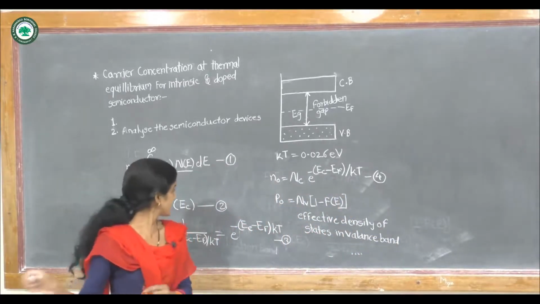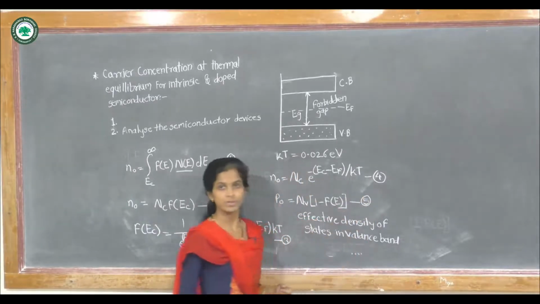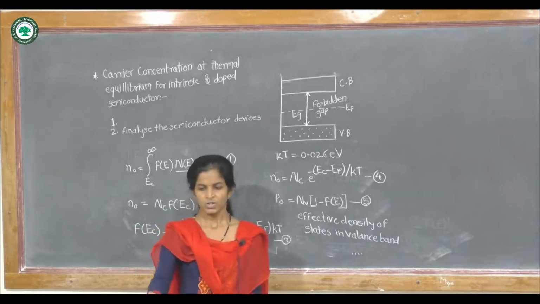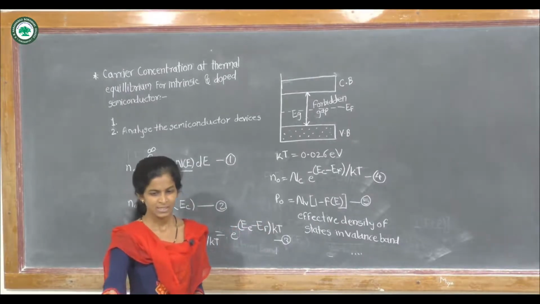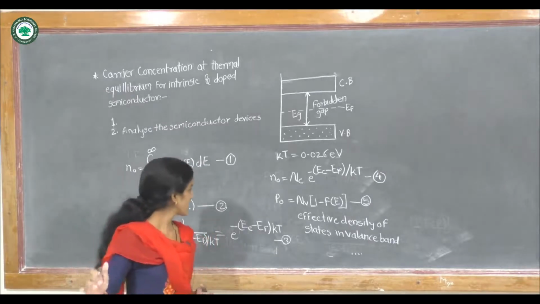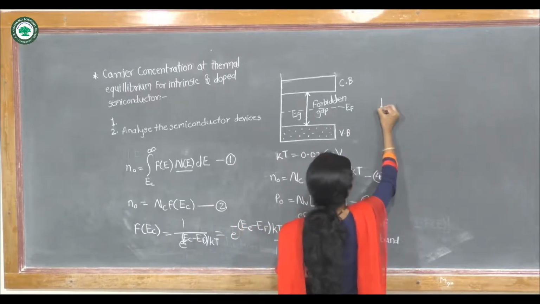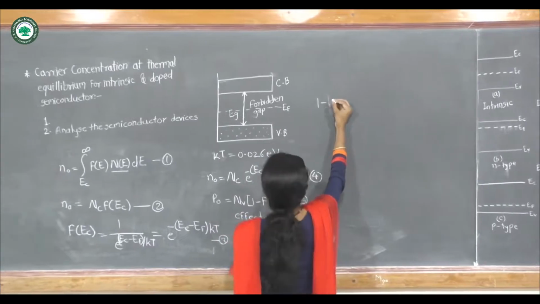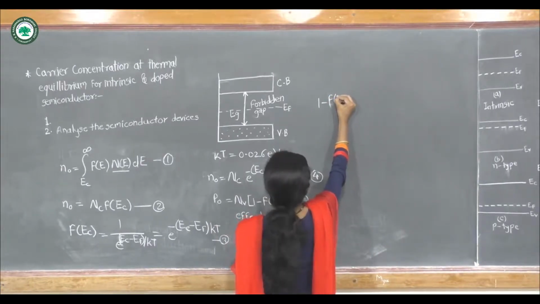So this is equation number 5. So the probability of finding the empty states in the valence band is given by 1 minus f(E).